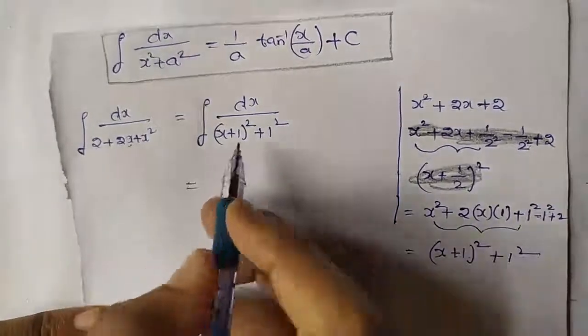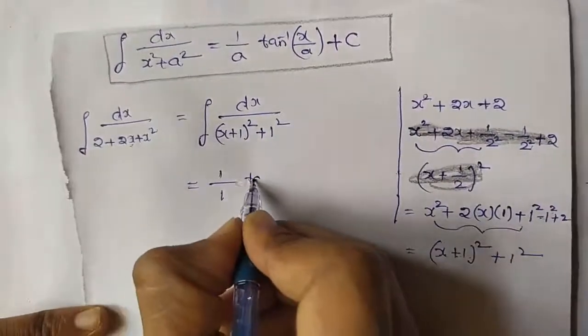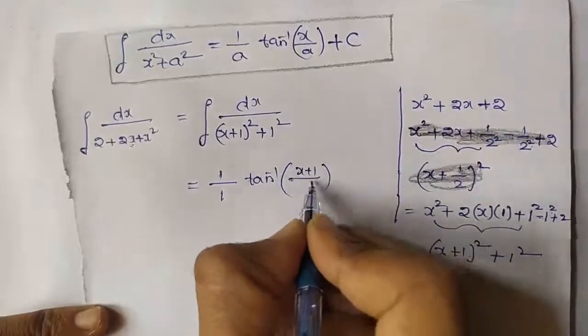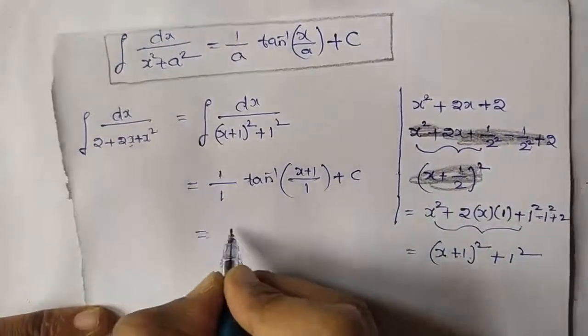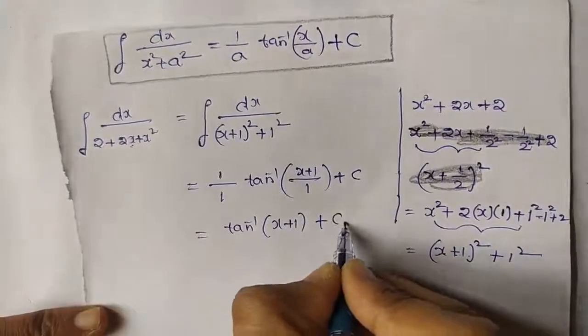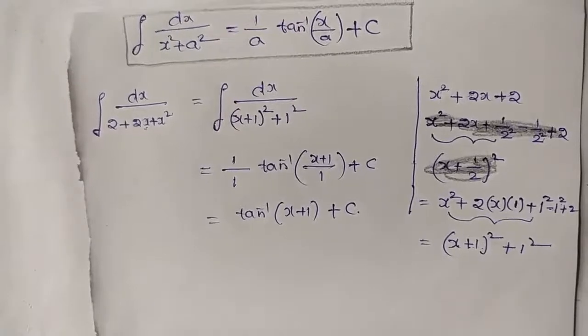Now apply the standard form: 1 by a, in place of a 1, tan inverse of x by a, where x is x plus 1, by 1, plus c. That is equal to tan inverse of x plus 1 plus c. Hence it is the solution for this problem.